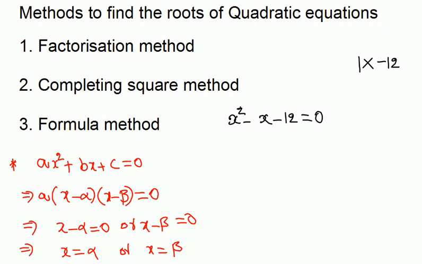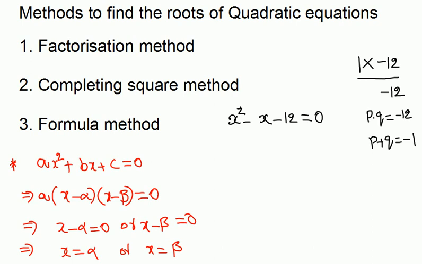Find this product. So now this product is equal to minus 12. Now you need to find two numbers such that p into q is equal to minus 12 and p plus q is equal to the coefficient of x, that is minus 1. So you need to select such type of numbers.